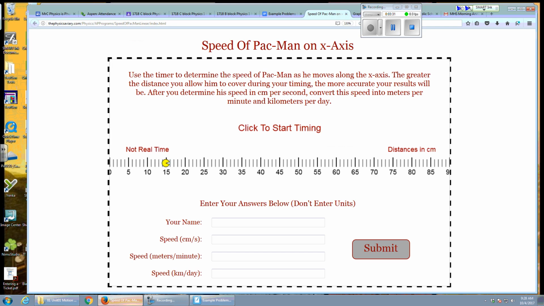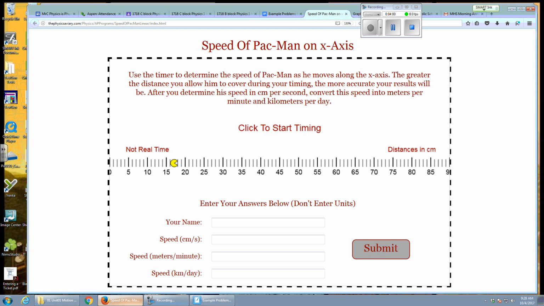All right, so now we have to take some data here. We got to start the timing and then stop the timing. I know the timer is going to start at 0. Where should Pac-Man be when we start the timer? Come on, we're doing this together. You guys decide. At like 10? Okay.